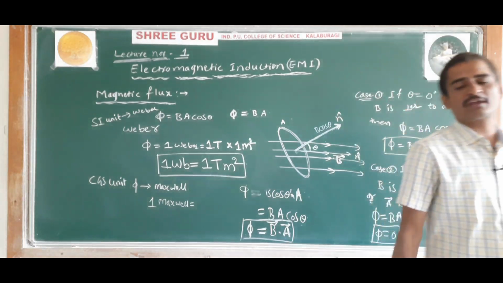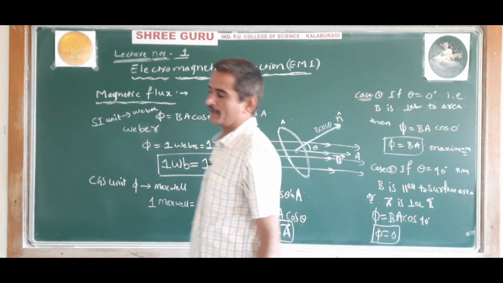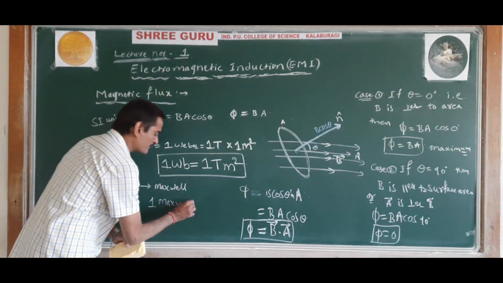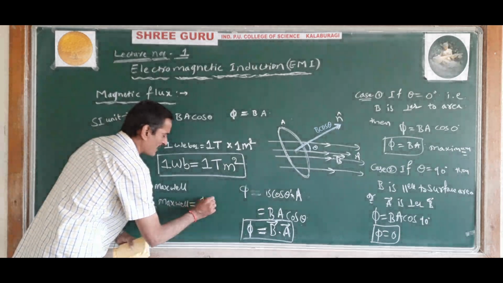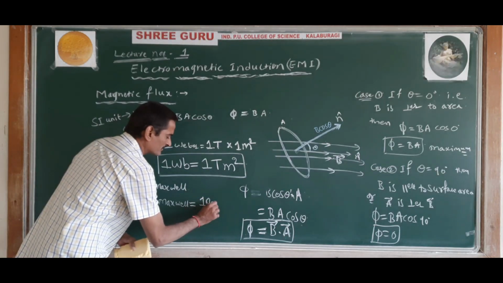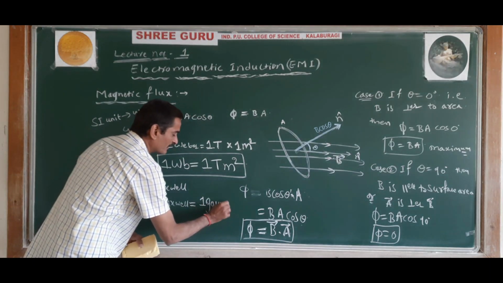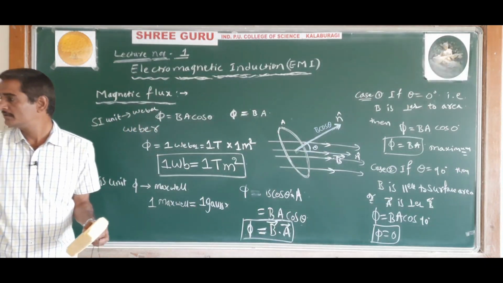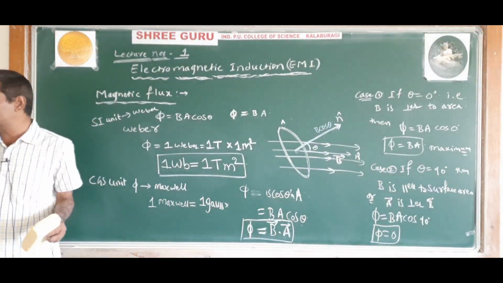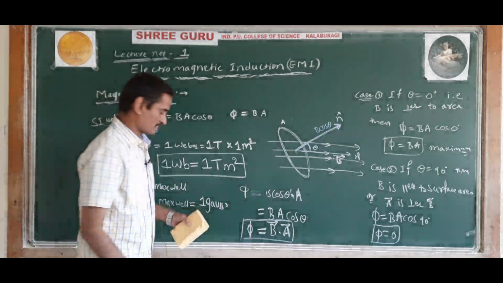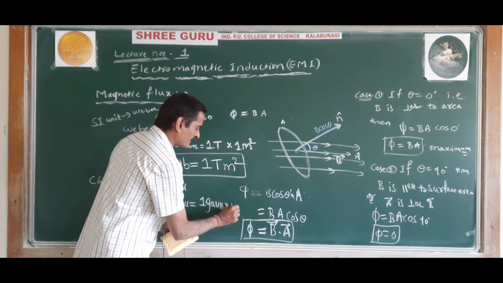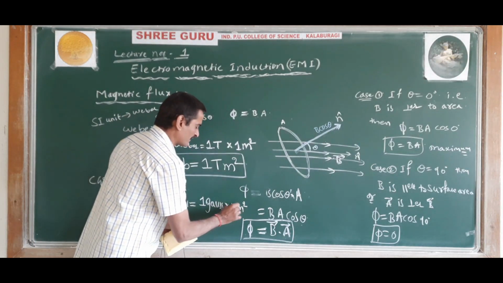if a magnetic field of 1 Gauss acts perpendicular to a surface area of 1 centimeter square.